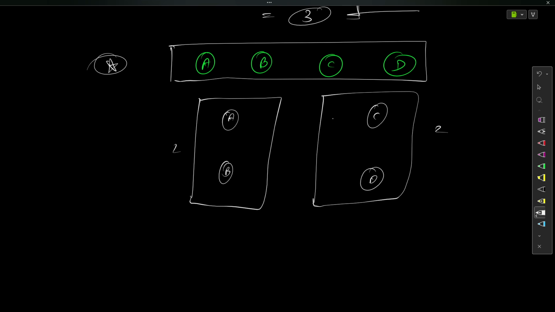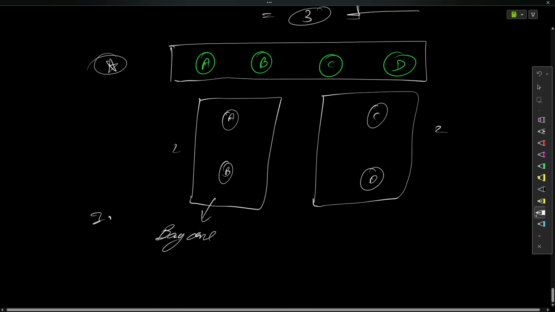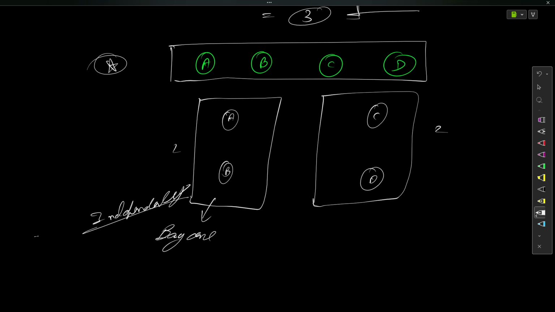So, starting from the very first side, first I will form the combinations independently.